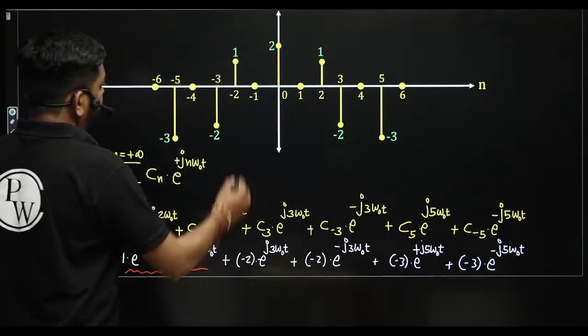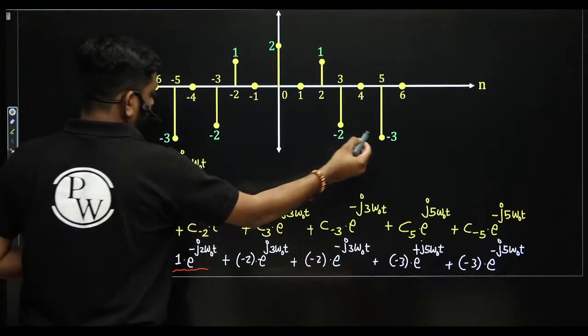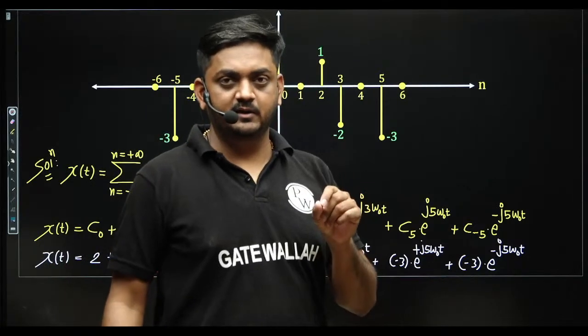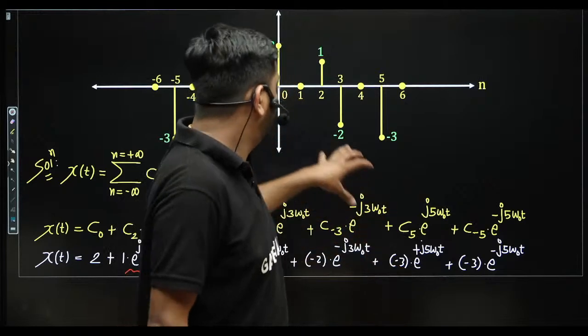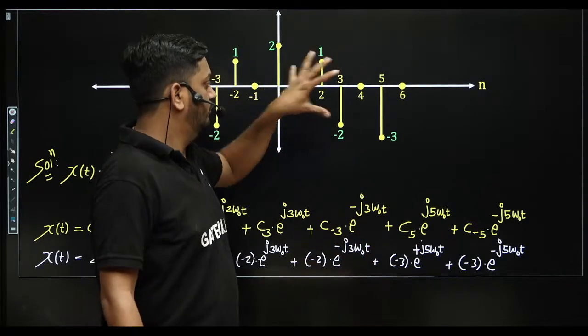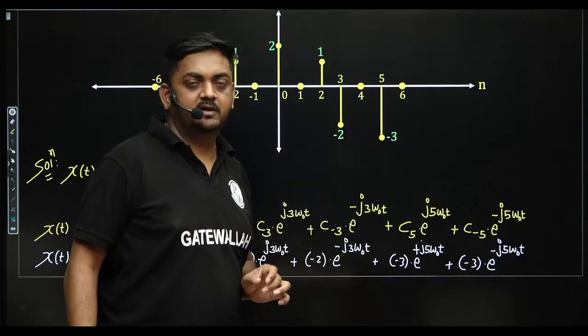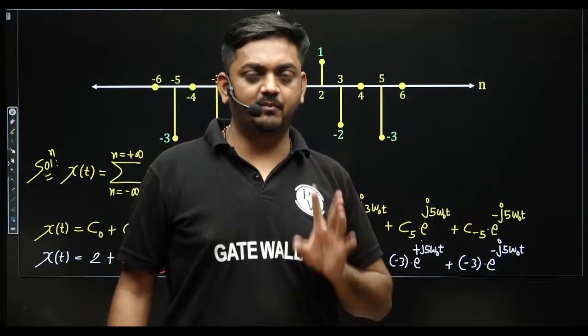So you can see here this sample and this both are even. This and this both are even. This and this both are even. So if it is even sample, then cos will come into picture and you have to multiply with 2 for the positive samples guys. Correct? Shortcut is what? If it is even sample, then cos will come and multiply by 2 guys.